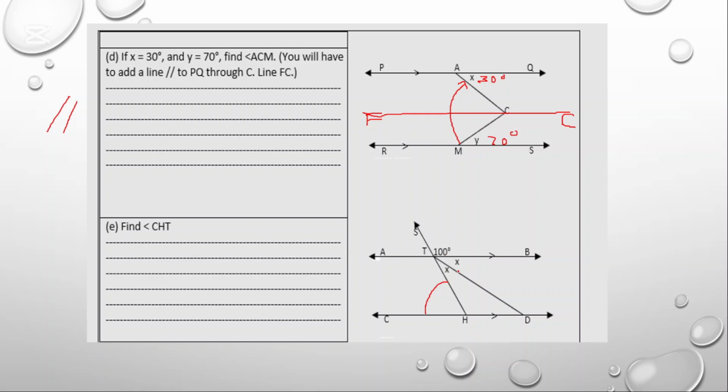And remember, two angles marked the same have the same size. So you must decide, is X alternate to this angle, or is X plus X alternate to that angle? Remember, from the parallel line to the transversal, they are the alternate interior angles.